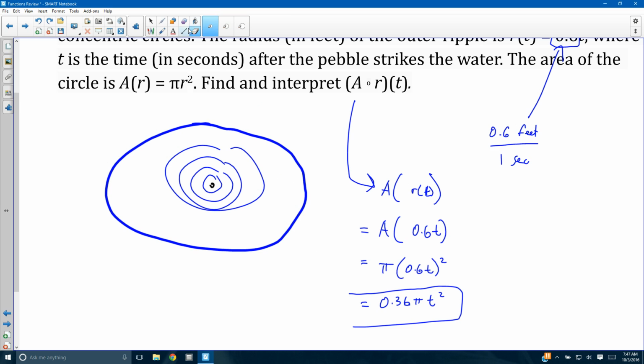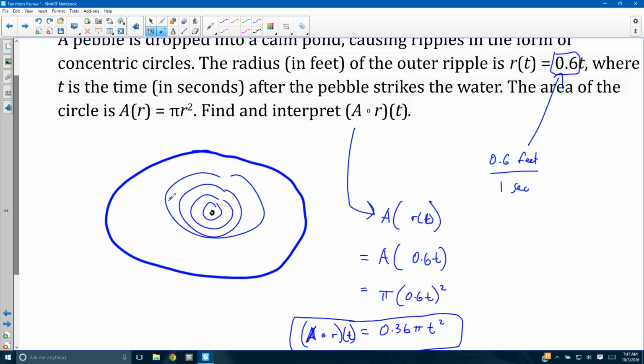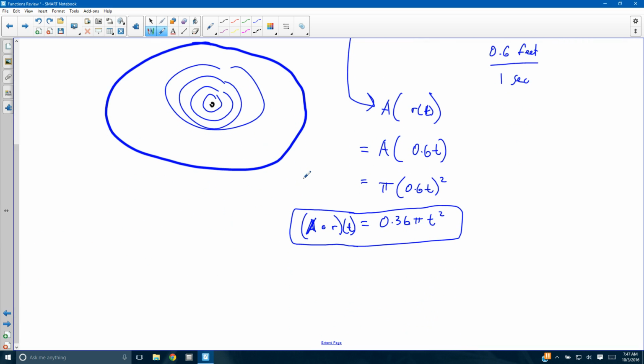What that interpretation is: there is no radius found in this formula anymore. We found a formula skipping right by radius. Okay? You are doing something outside with your friends, and you found out this rate. You did this formula, and you said, hey, guys, I can use a stopwatch and tell you how big the area of the circle is after some time.